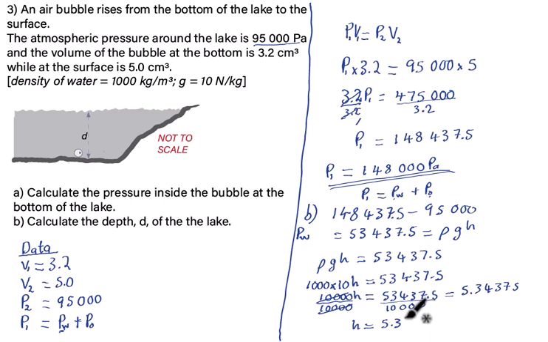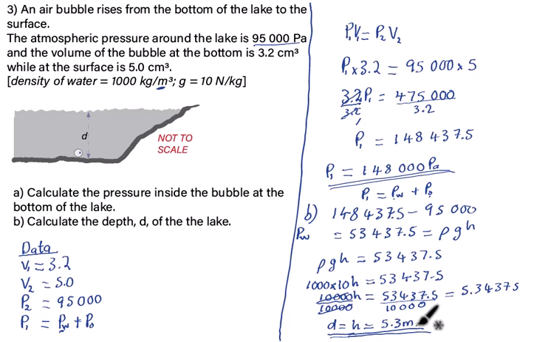Since the density is in meters, the answer will be 5.3 meters. So the depth D is equal to h, which is 5.3 meters.